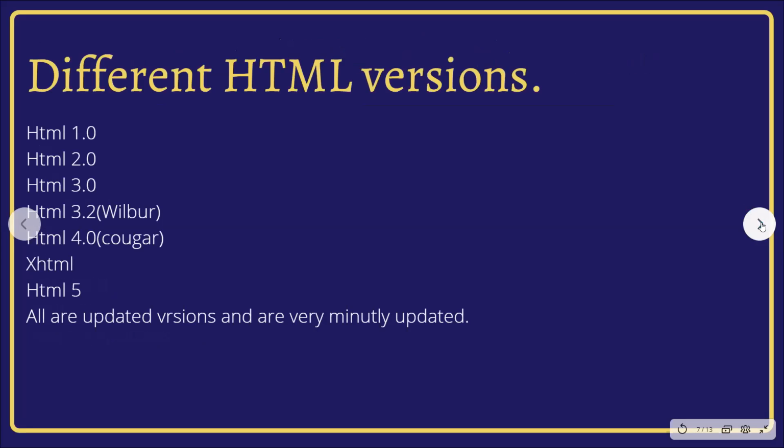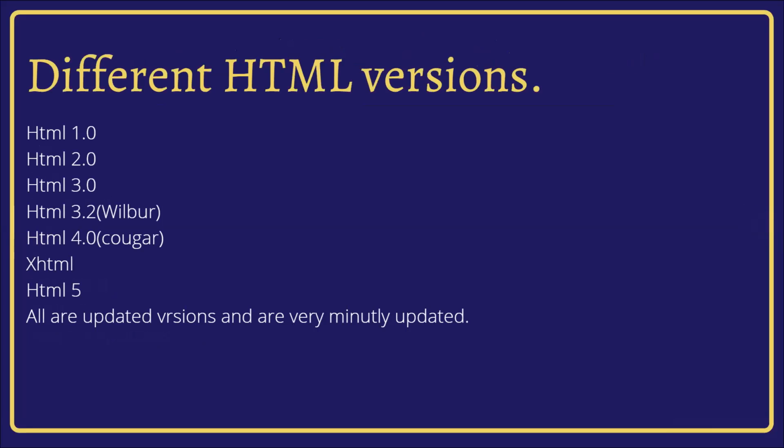Now let's understand the different versions of HTML. In this course, we will only focus on HTML. Different versions of HTML are HTML 1.2, HTML 2.2, HTML 3.2, HTML 4.2, XHTML, HTML5, and many others.